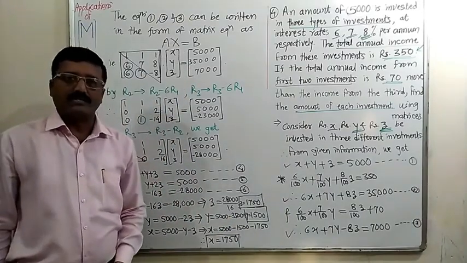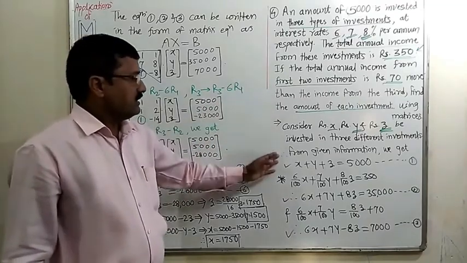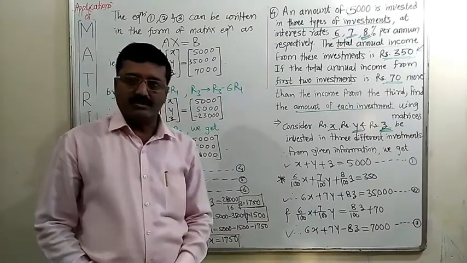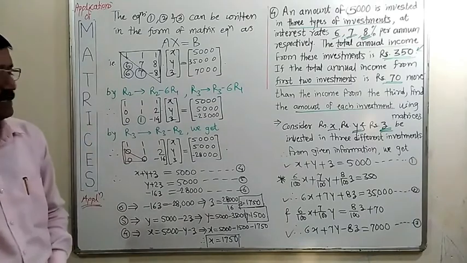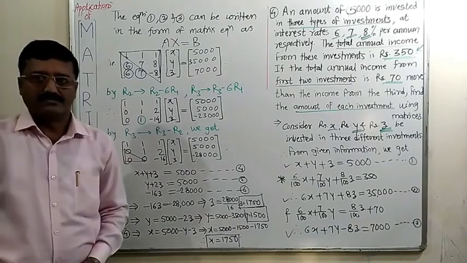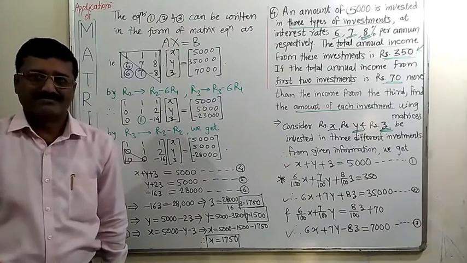If you are able to write every example in this system of linear equations properly, then you can follow this method of reduction and you will get the required answer. Okay, bye.